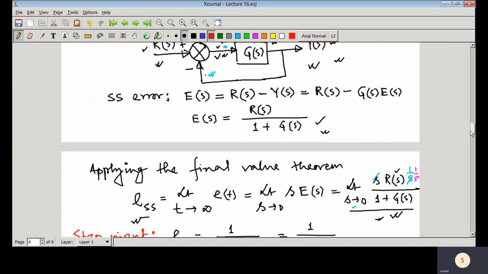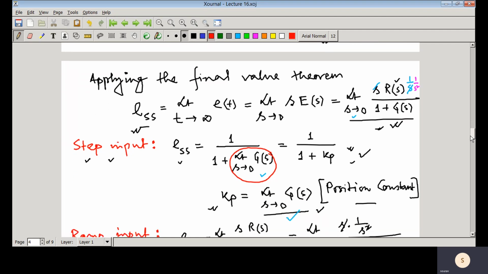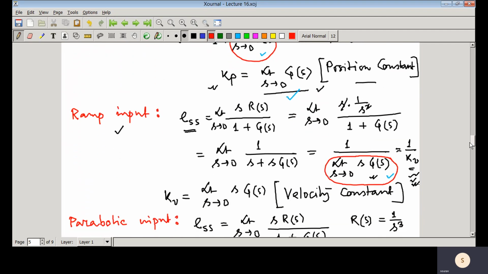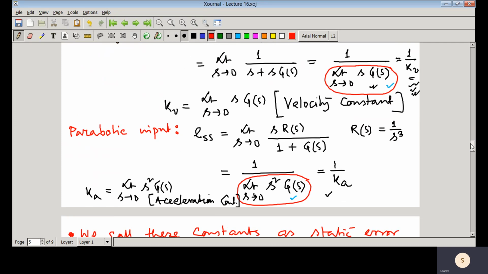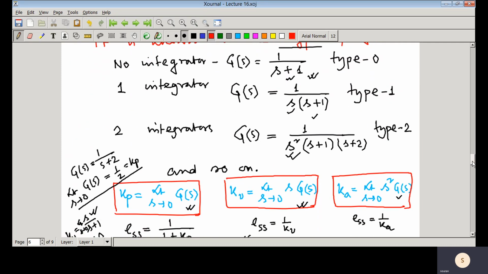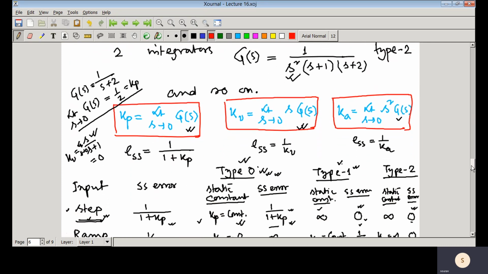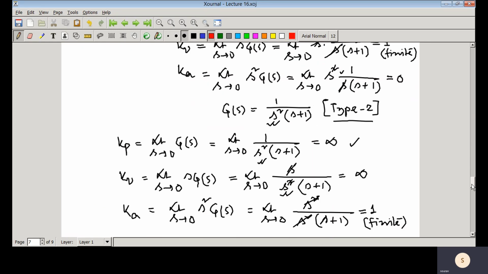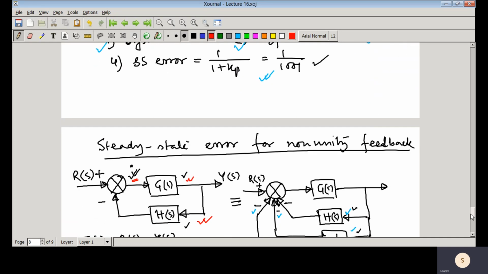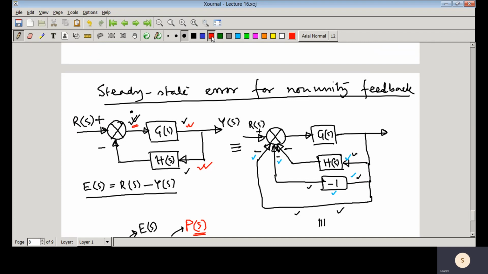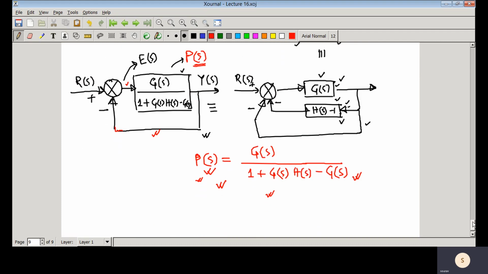One is position constant, velocity constant, and acceleration constant, and we have calculated steady state errors for different signals and considering different types of system. And finally, we have discussed, if the feedback is non-unity, then how to transform it into a unity feedback system. So in that case, the transformed plant is P(s). So we need to find all the constants considering that forward path transfer function as P(s).